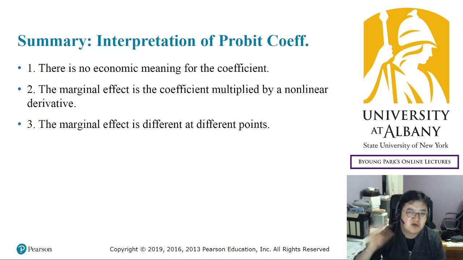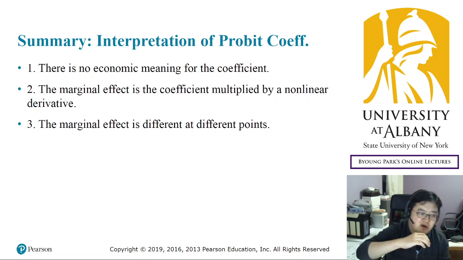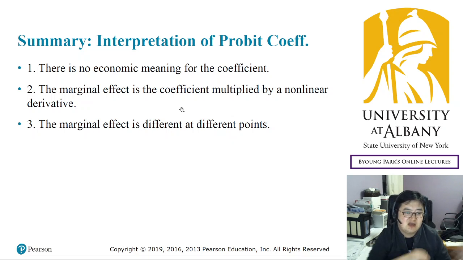Because it is either 0 or 1, we have to think about the probability, not the direct outcome. The probability is always between 0 and 1, so a linear model does not work. So we have to consider a nonlinear model, and you need to consider the marginal effect and different marginal effects at different points.